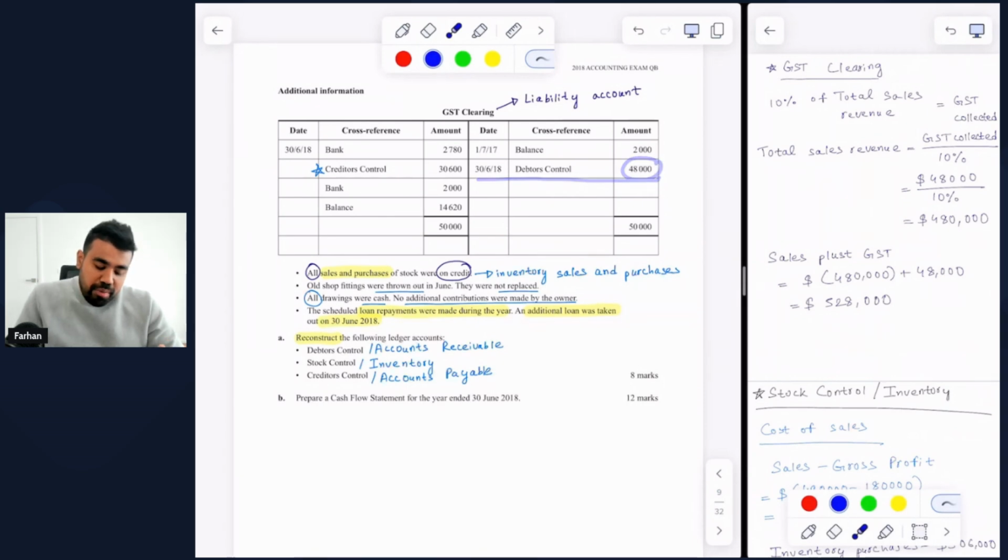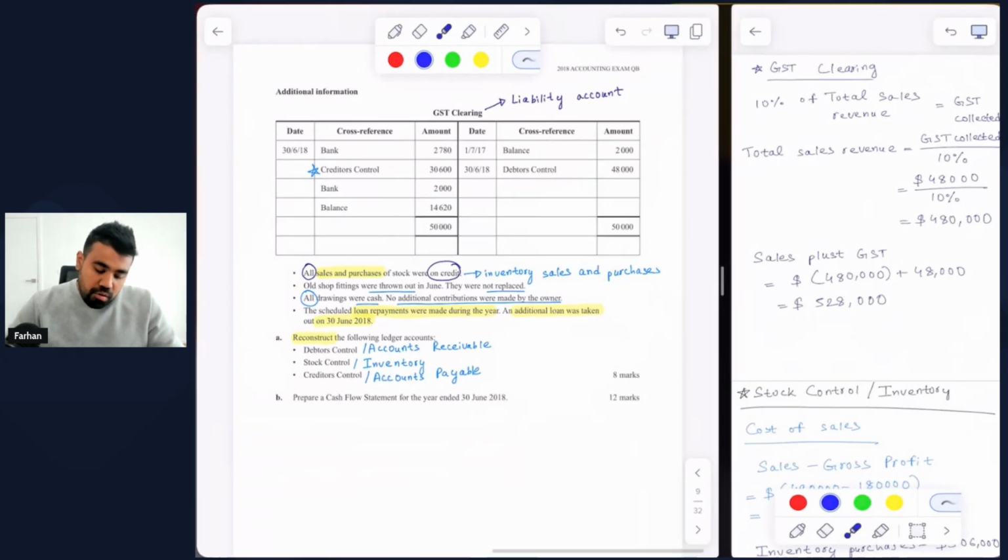Because it explicitly mentions debtors control, our accounts receivable, within the credit side of the GST clearing account, this is very specific about the GST that you expect to collect on all the credit sales that you have made during the year, and that is $48,000.